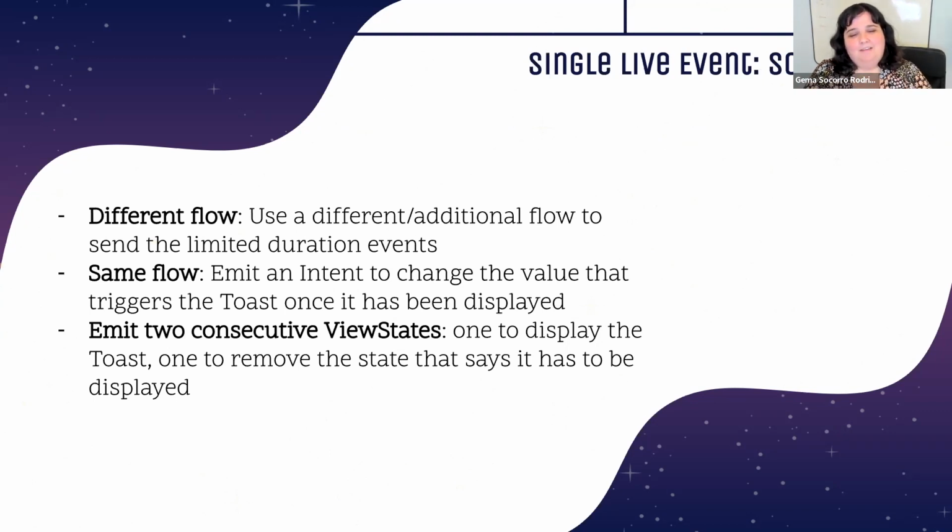Once you change this parameter to say that you are going to show the toast, you send another view state right after that, saying that you are going to hide the toast. So the UI, at the same time that it has to render a new state, will not attempt to launch the toast. None of them are ideal, but they are the approaches that I have seen out there.